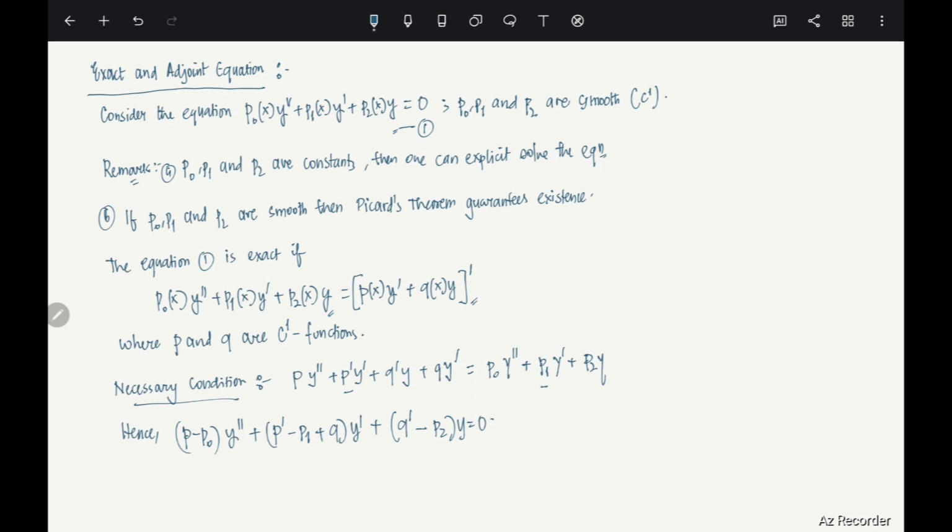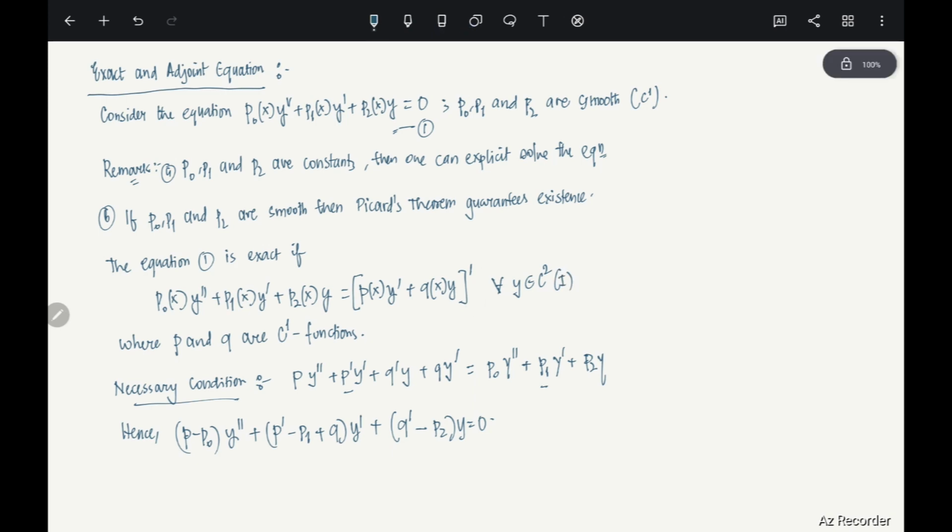Essentially we are saying that this expression is equal to this expression for any y; it doesn't really matter what y is. So basically, at least such a y such that y double prime exists and is continuous, right? So we are looking for this to hold for all y in C2 of I, whatever the interval we are looking at.